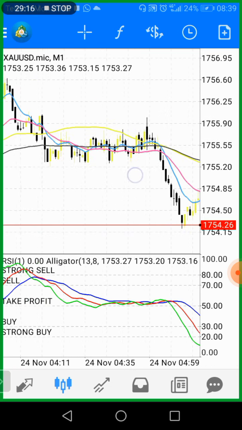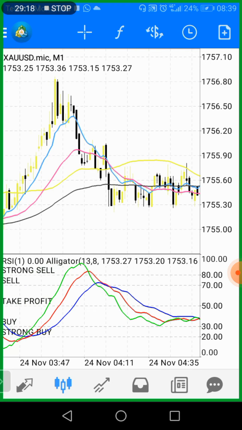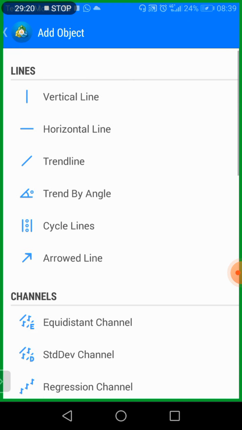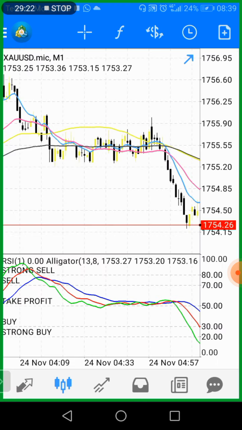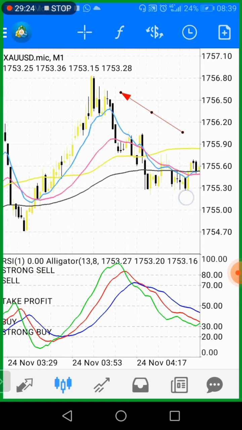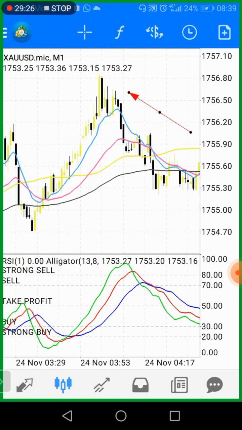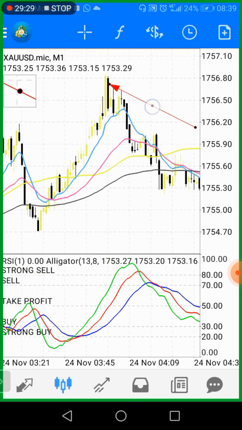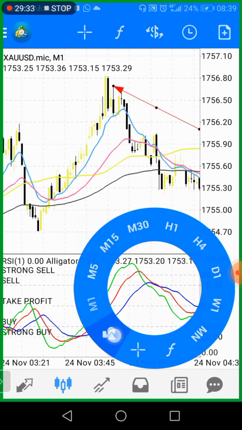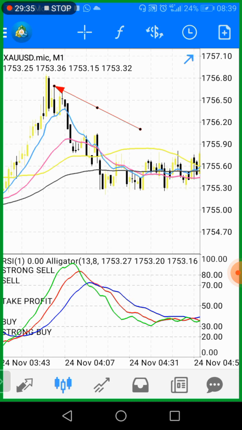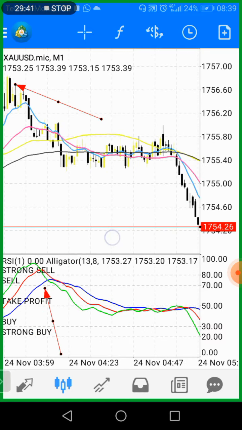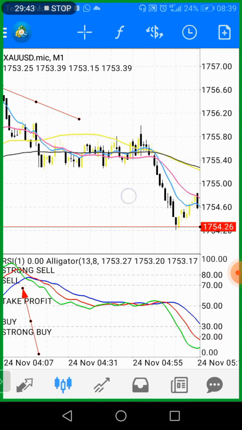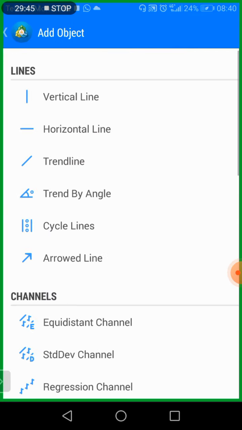Let's go back and see again, guys. You can see there, it's not a clear double top for me, but it made a high and made a higher low, guys. For me, I can see it, and we can see what our RSI and our alligators, they are overbought, so we can expect a reversal.